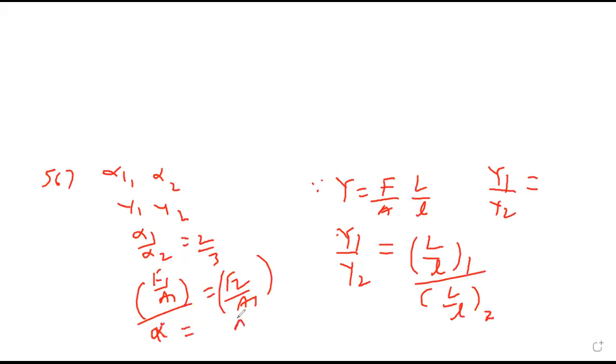Increase in length, that is small l here, upon original length into rise in temperature. Temperature is the same, in the ratio it will get cancelled. So alpha is l by L, this is capital L upon small l. So 1 upon alpha 1, 1 upon alpha 2. That is alpha 2 by alpha 1, which equals 3 by 2. Answer 3 is to 2.